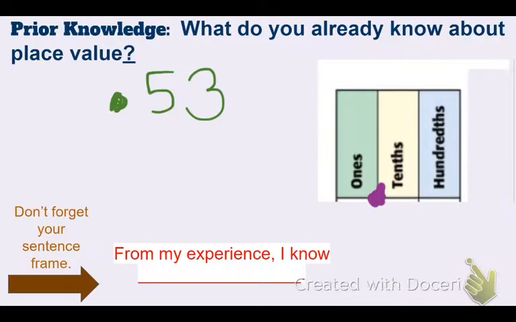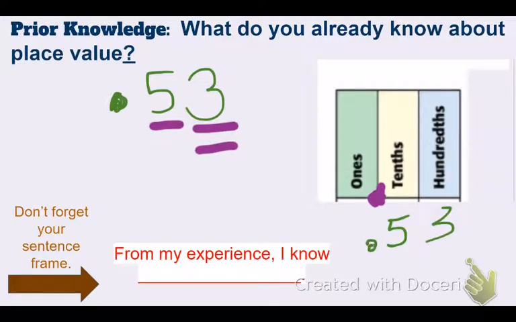Well, what do you already know about place value? If we look at what I wrote, 53 cents or 53 hundredths, we know that this 5 is in the tenths place. And we also know that this 3 is in the hundredths place. And they're on the right side of the decimal, showing that it's smaller than $1.